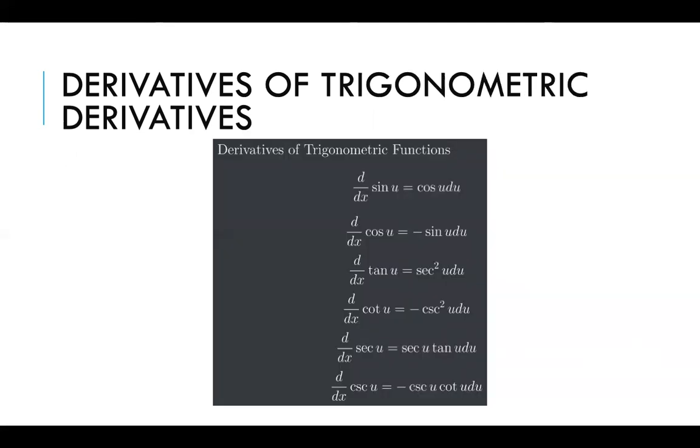The first set of derivatives that we will discuss are the derivatives of trigonometric functions. The derivative of sine u with respect to x is cosine u du. The derivative of cosine u with respect to x is equal to negative sine u du.